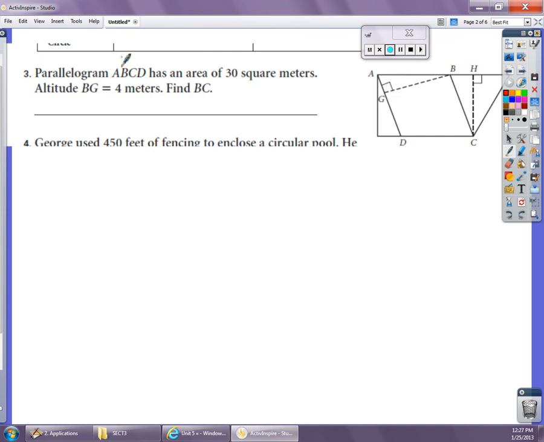The next one, the parallelogram has an area, so right away I'm going to say base times height equals 30. The altitude BG equals 4. It tells us that BG is the altitude, so this is 4. The parallelogram ABCD, this whole parallelogram, has an area of 30. So let's find BC. BC would be a base of the parallelogram.